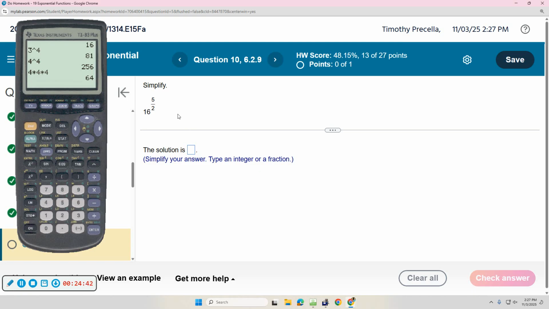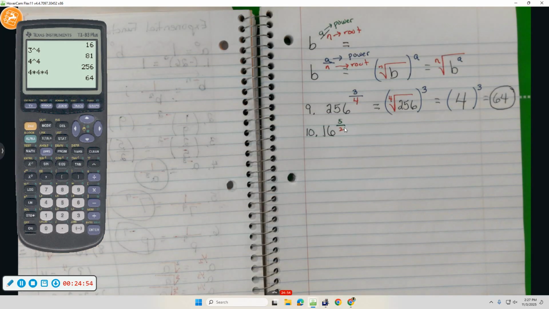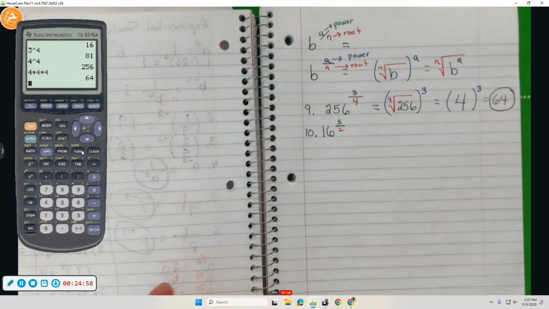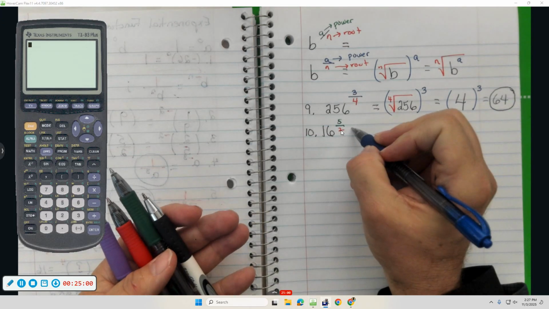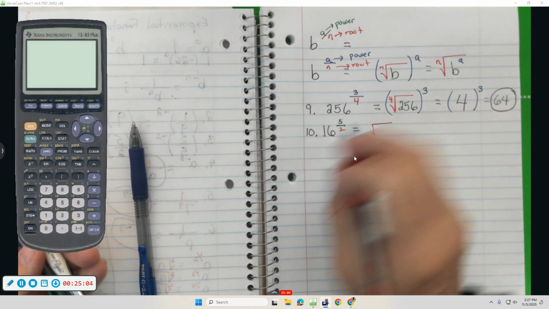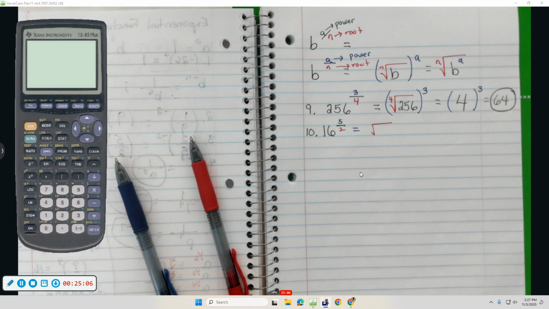In words, could you say what we're going to be doing here? We're going to take what root? What sort of a root are we going to have for this number 16? A square root. The denominator there is a 2, so we're going to have a square root. What have we got under the radical?